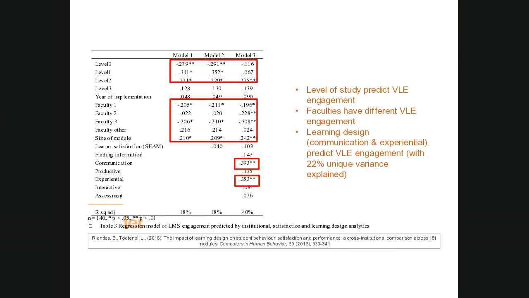But the best predictor of whether students are engaged online, and I'm not saying that engagement means learning, as Matthew said before, at least in terms of purely spending time online, is when teachers include communication in their design, and whether they included experiential activities. So where you're actually doing productive activities, like doing a programming task, that is a kind of experiential activity.